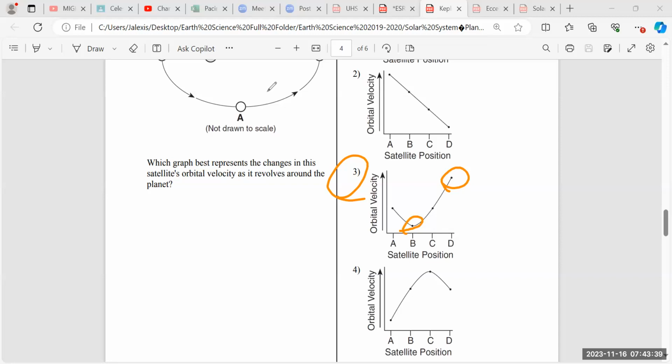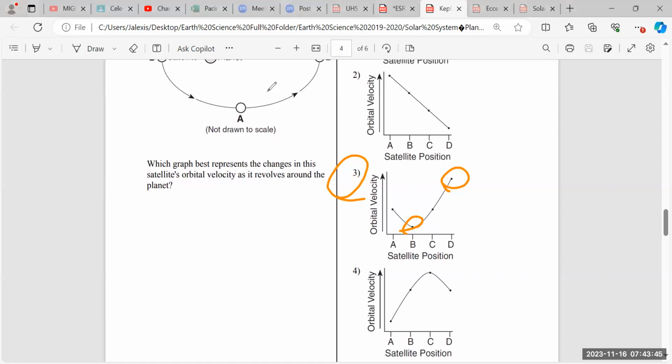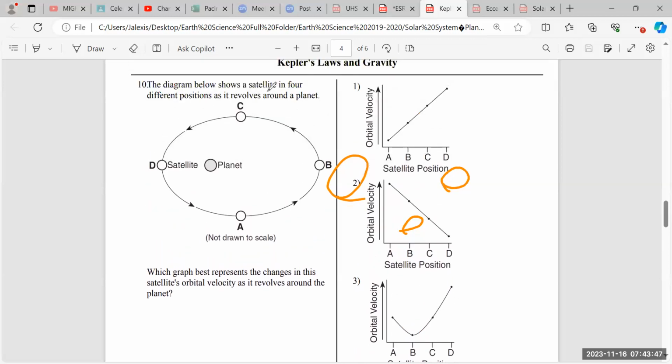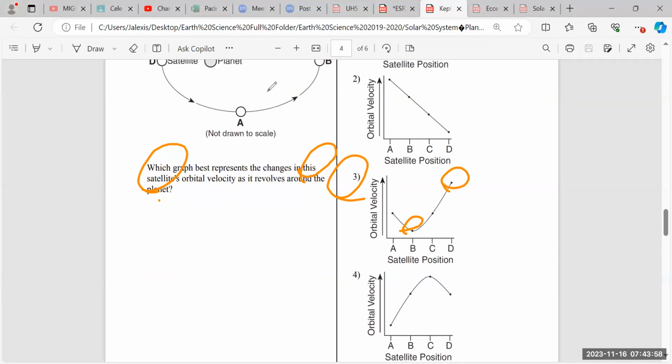So the correct answer is choice 3. At B, it's the slowest, and at D it's the fastest, because D is closest to the planet and B is furthest from the planet.